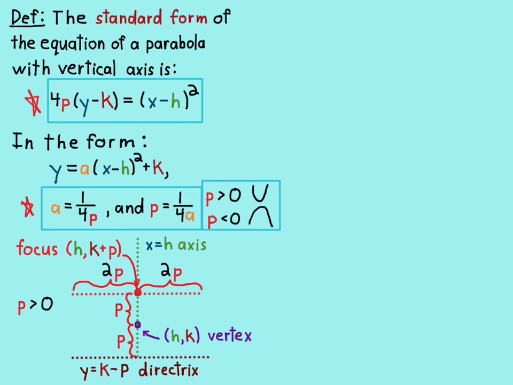And this distance here, you go over 2p, in both directions from the focus, which makes these two little squares, and you get 2 more points on the parabola. So when you're dealing with parabolas in this form, with the p in there, this is how you find 3 points on the parabola. The vertex will be here, halfway between the focus and the directrix, and then you go from the focus over 2p.